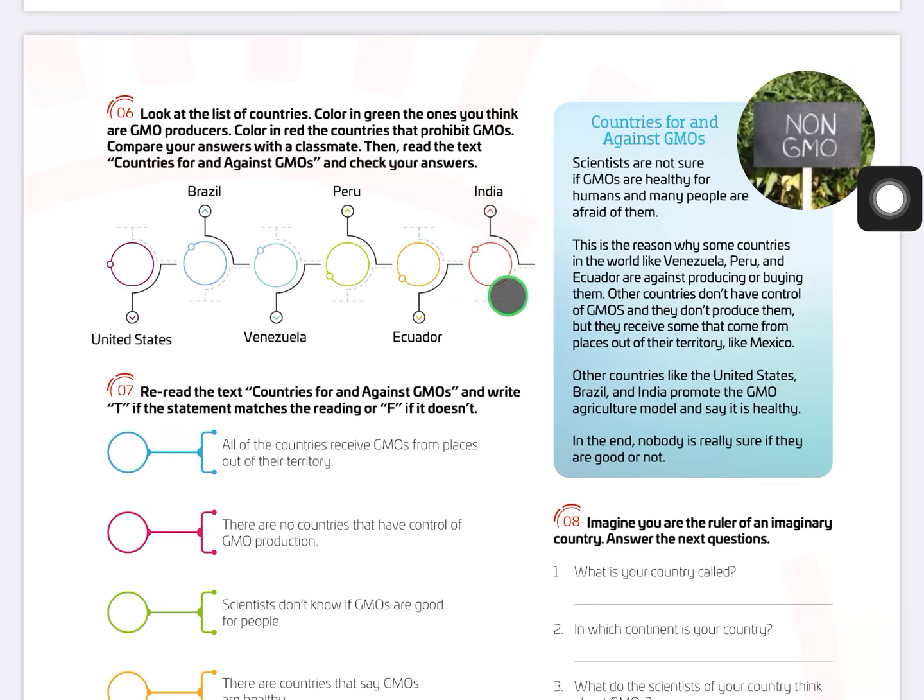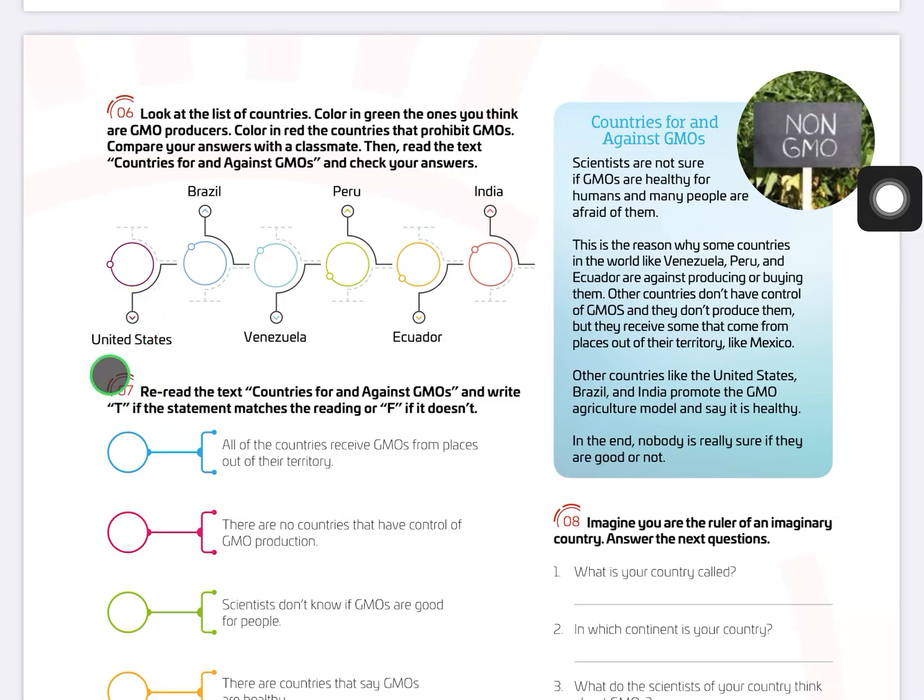So you are going to color with green the countries that you think are GMO producers. For example, if you think that United States is a GMO producer, you color this little circle in green.